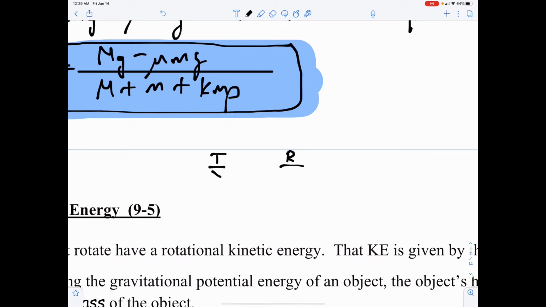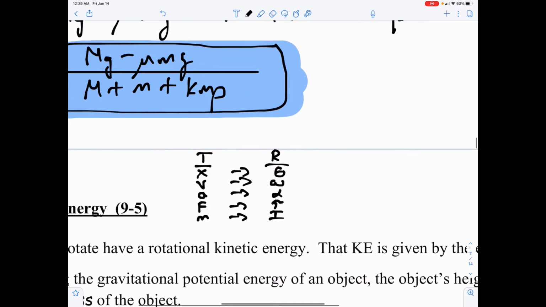You already know x translates into theta, v translates into omega, a translates into alpha. But we've seen a few others. Force translates into torque. Mass translates into I, the rotational inertia.